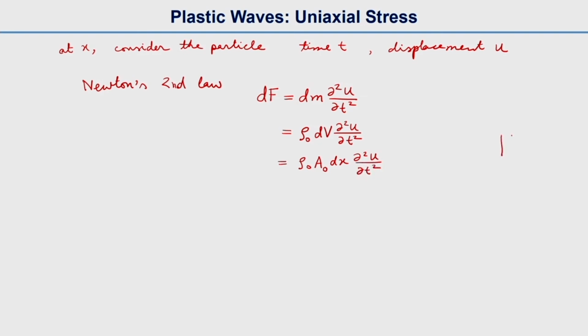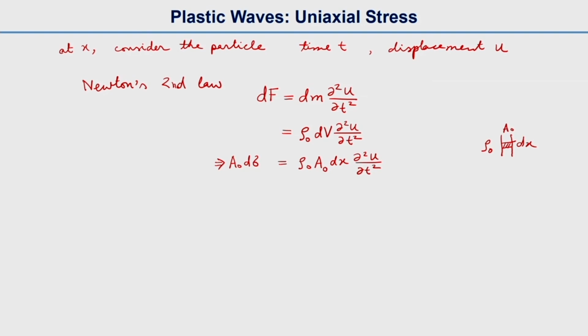So if we are taking the wire, this is the dx, and the cross sectional area is initial A naught, and rho naught is the initial density, and this will be equal to, as we know, A naught d sigma, area multiplied by the stress acting on it.